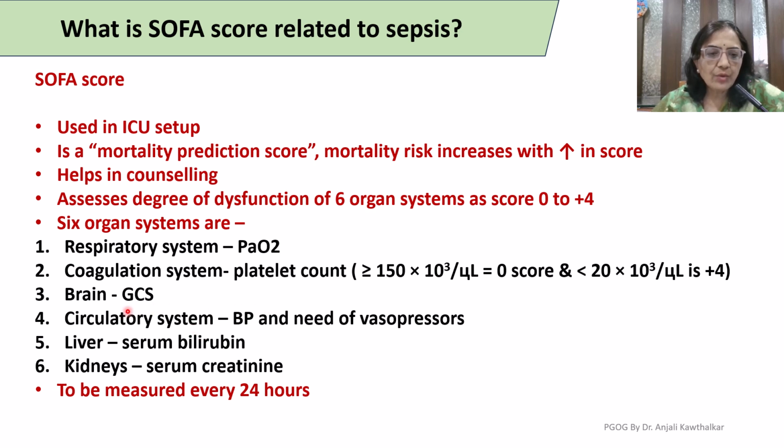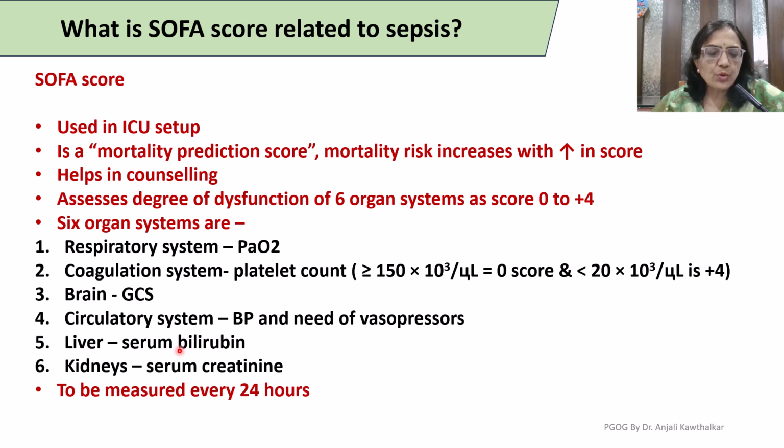Glasgow Coma Scale for the assessment of the brain; for the circulatory system, blood pressure and need of vasopressors give us the score; serum bilirubin level for liver function and serum creatinine level for renal function. So these are the 6 systems: kidney, liver, circulatory system, brain, coagulation system and respiratory system.